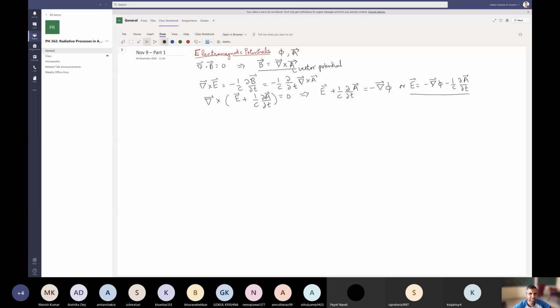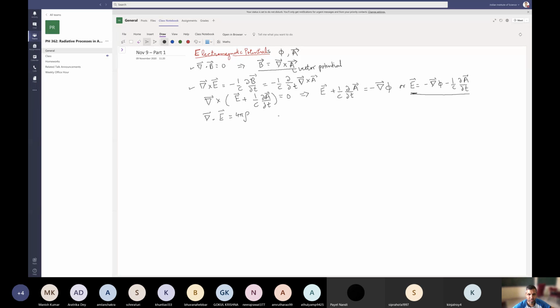So these two equations are already satisfied. What about the other two Maxwell's equations, del dot E equals 4 pi rho, where rho is the charge density, recall. If we plug in this form for the electric field, what do we get?